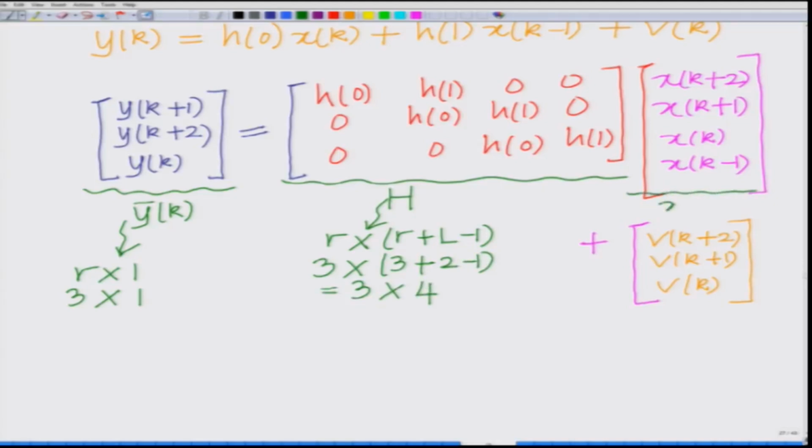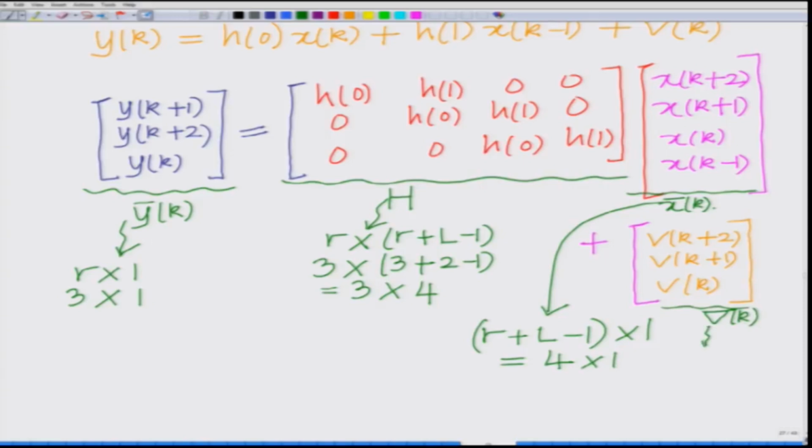This is x bar k, which is r plus L minus 1 cross 1, that is 4 cross 1, and this is your vector v bar of k, which is r cross 1, that is a 3 cross 1 vector.